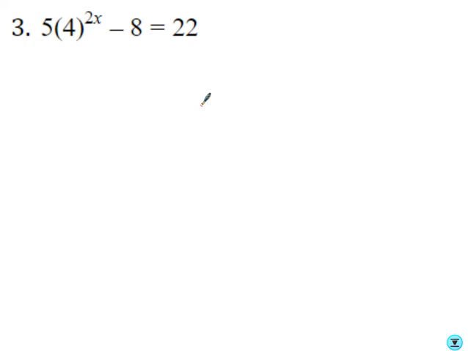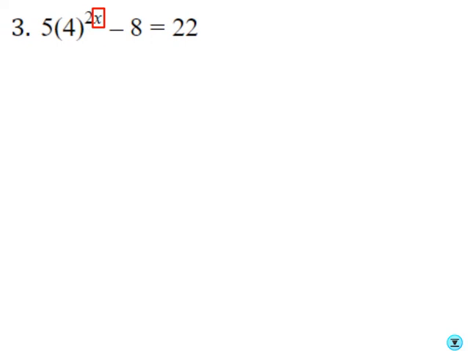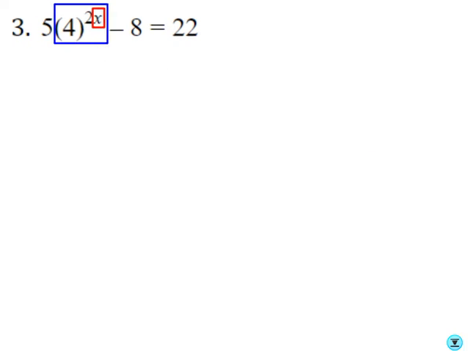Okay, so this is a little bit more complicated. Nothing we can't handle. This is what we would consider a level 3. Our goal is still to get x by itself, but in order to get to that x, we first want to get to this base by itself, just like we did with the last problem. So that is going to be our goal first.